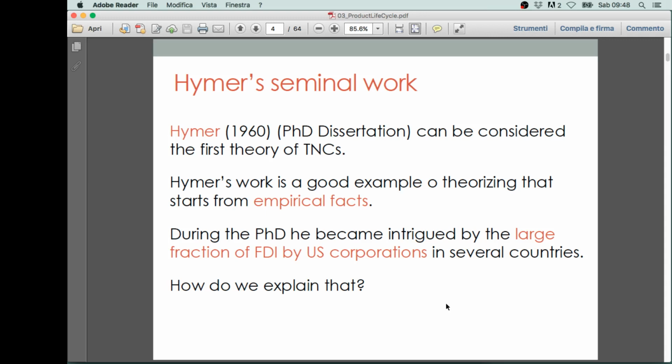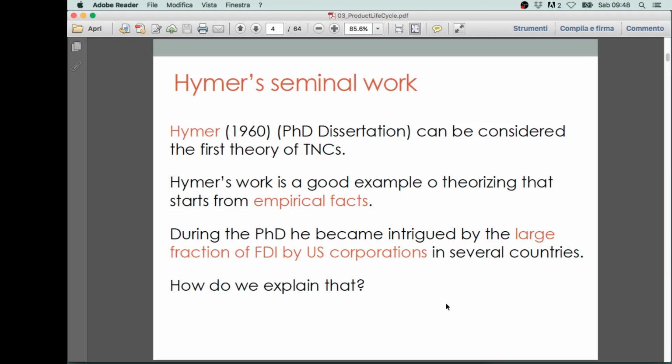At the time the concept of FDI didn't exist, it was actually introduced by Hymer, but he was observing a lot of productive investments going on from the US to Europe, and he wanted to try to explain what could be driving these patterns of investments.